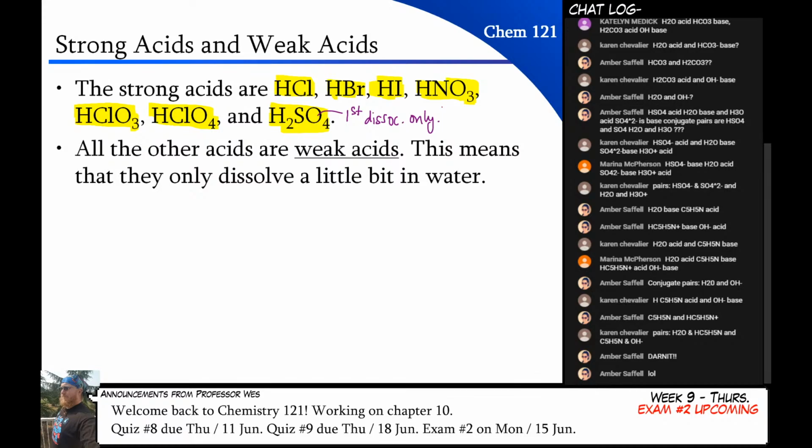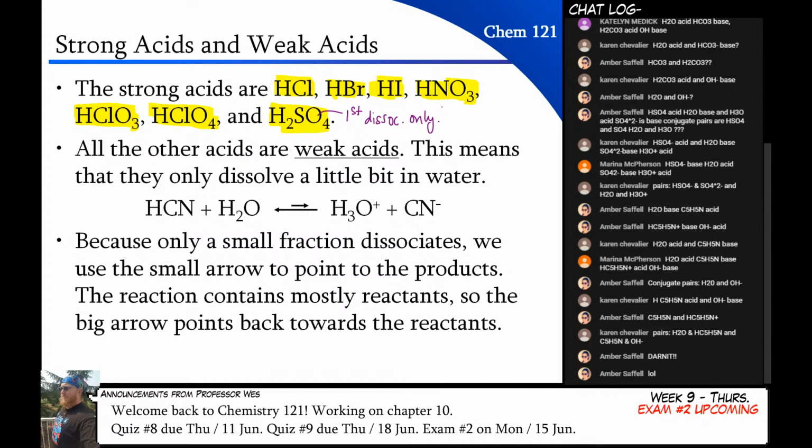Weak acids don't dissociate much. And this is the arrow that the textbook uses, and this is at least a little more correct, because both reactions do happen, the forward and the reverse. And because we only see a small amount of products in here, most of this stays here.